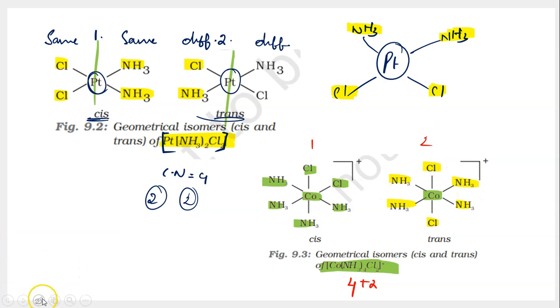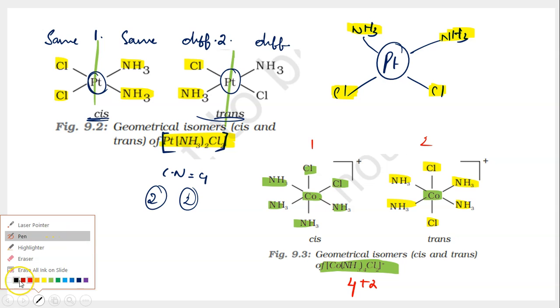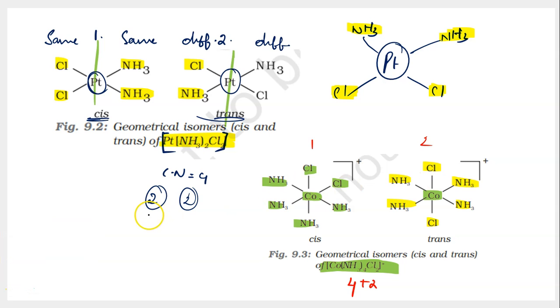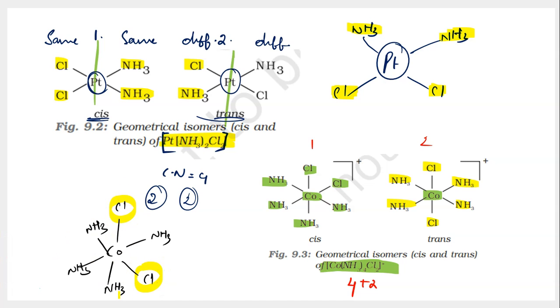But technically speaking, other than these two, we have a third possibility also. You can arrange the groups in this manner also. Cobalt at the center and chlorines not in adjacent positions, and ammonia occupying the remaining positions as you see here. But when you compare this arrangement, what do you get to see? You get to see chlorines being non-adjacent to each other, isn't it?